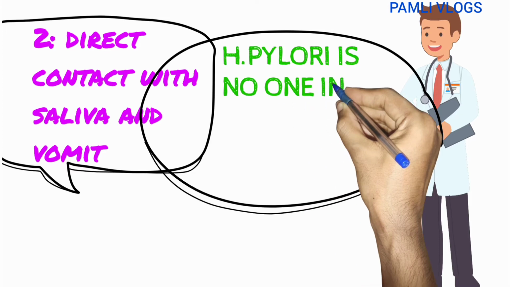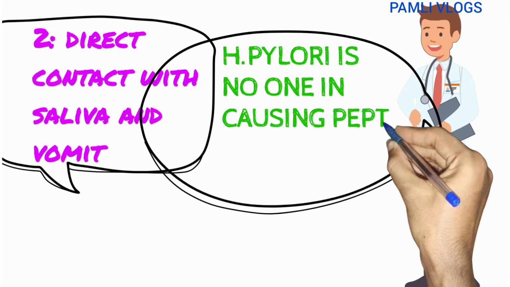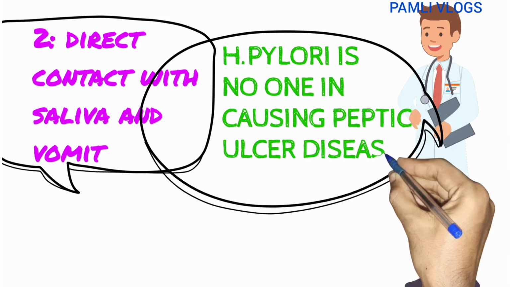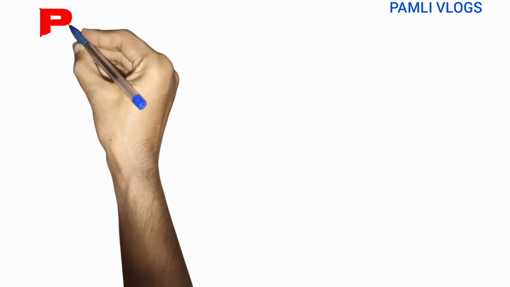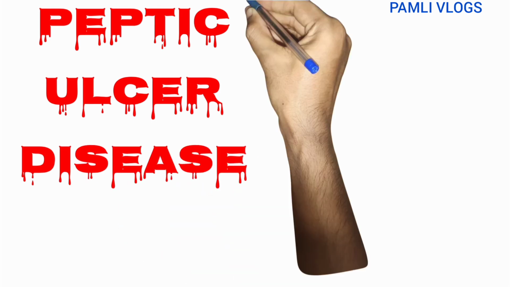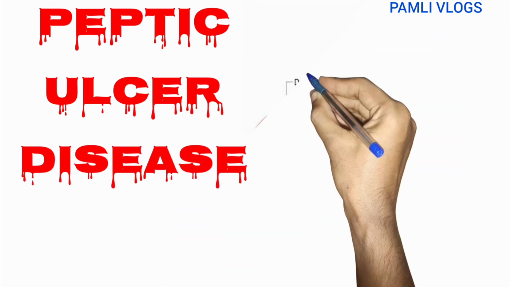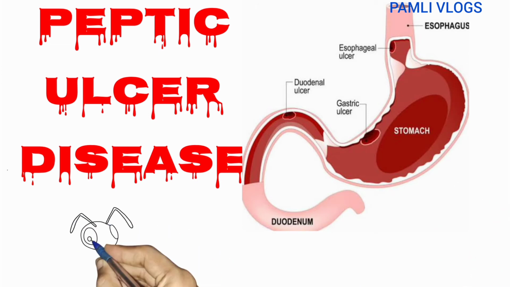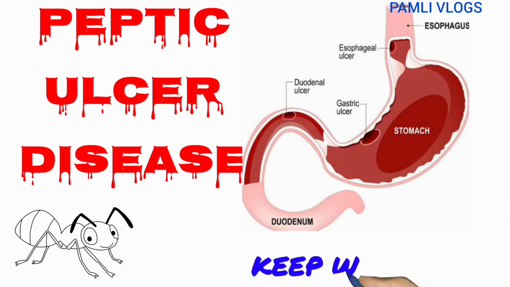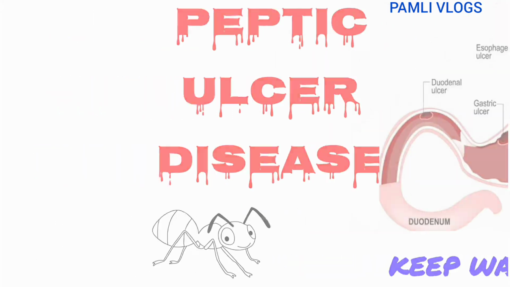As I've said earlier, Helicobacter pylori is number 1 in causing peptic ulcer disease, and we must put this into consideration. Now, with Helicobacter pylori causing peptic ulcer disease, we are going to look at categories of peptic ulcer disease.